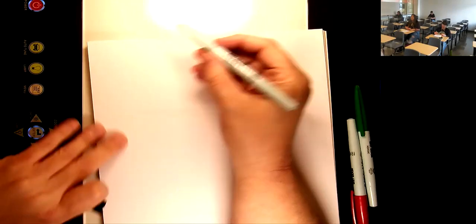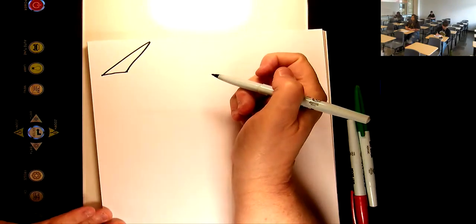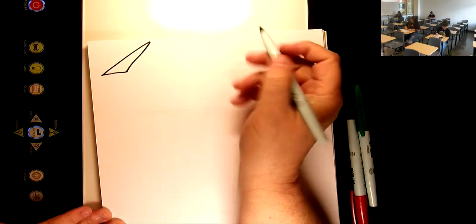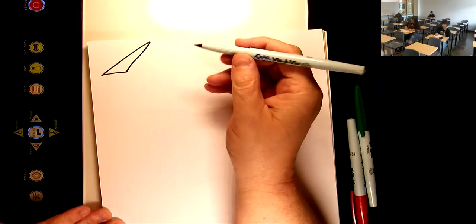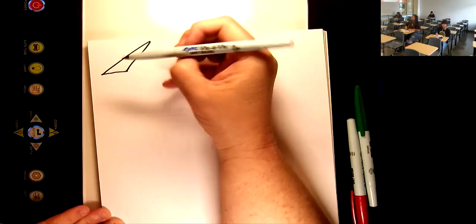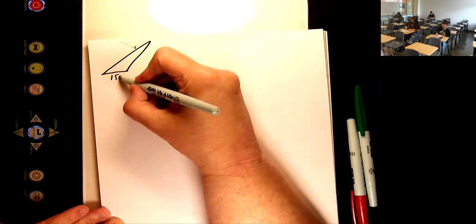Let's do a weird triangle. Triangle that looks kind of like that. And we will call this 15 centimeters.